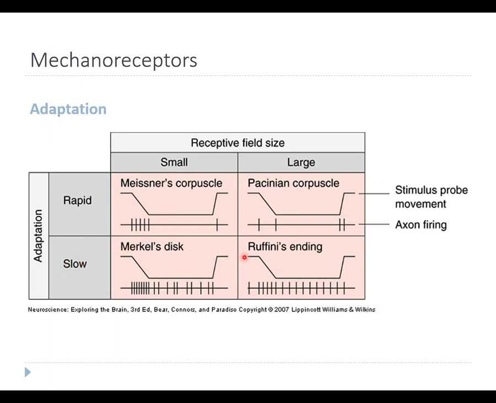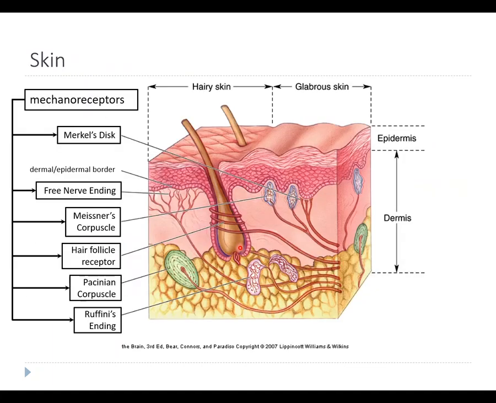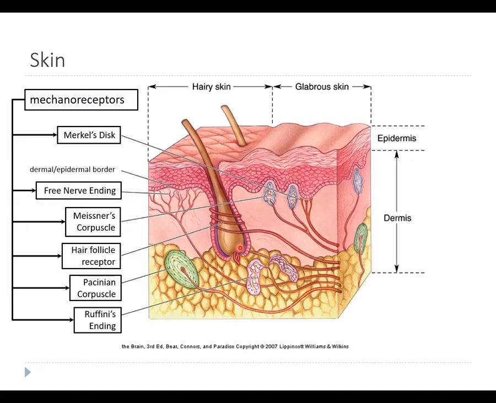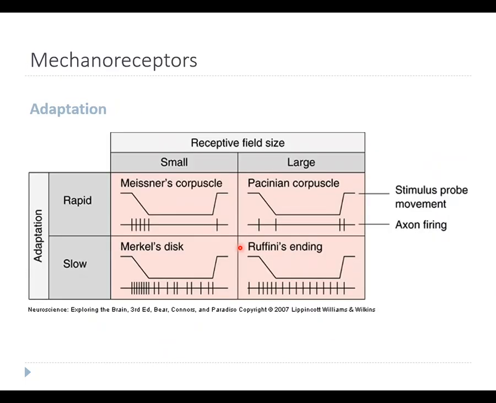Again, that's partly or mainly due to the physical properties of those endings. You can see here, Pacinian corpuscles and Ruffini's endings are both deep, and they both have large receptive fields, whereas Merkel's discs and Meissner's corpuscles are more shallow, and so they have smaller receptive fields.